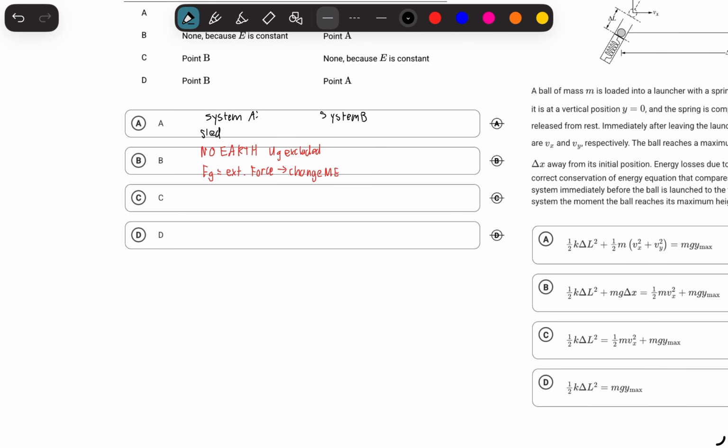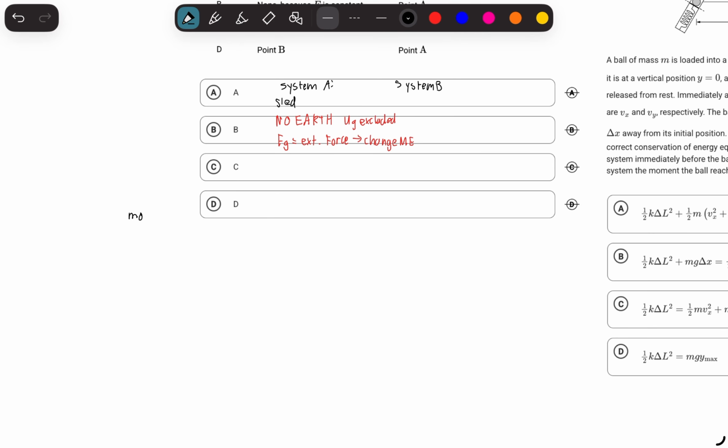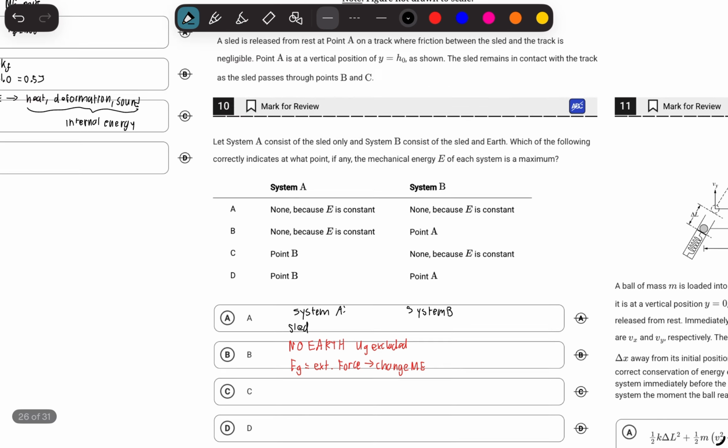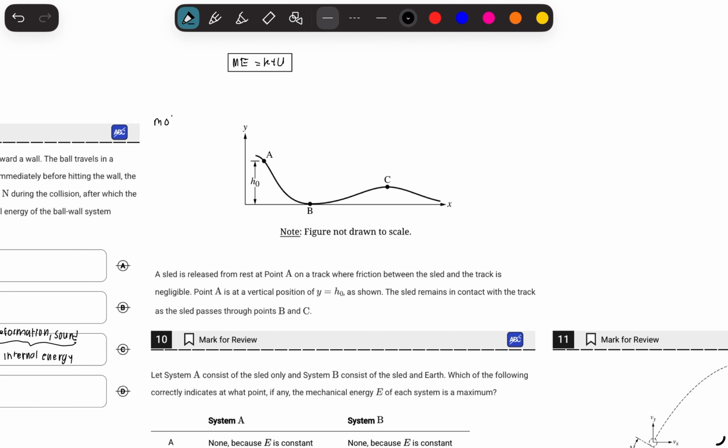Now, what happens during the motion? So during the motion, the sled, let's do this up here where the sled is. During the motion, the sled goes down, and when it goes down, that means kinetic energy increases.